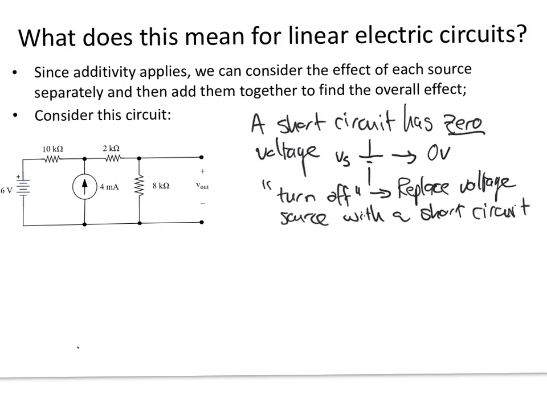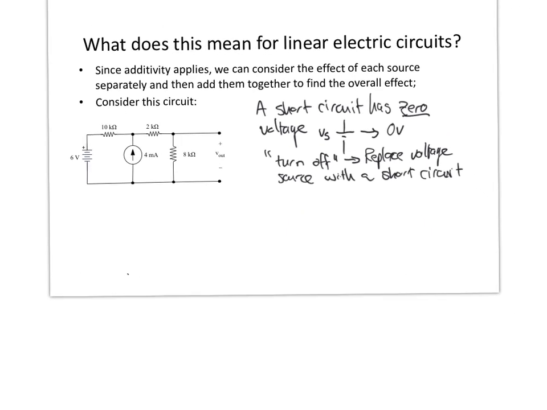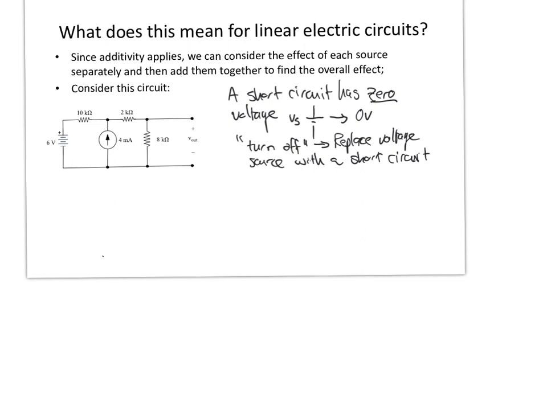Okay, so if we do that with this circuit, then what we have is a circuit that effectively looks like that. We still have the 10 kilo ohm resistor. We've got our 4 milliamp source. We've got a 2 kilo ohm resistor here and an 8 kilo ohm.